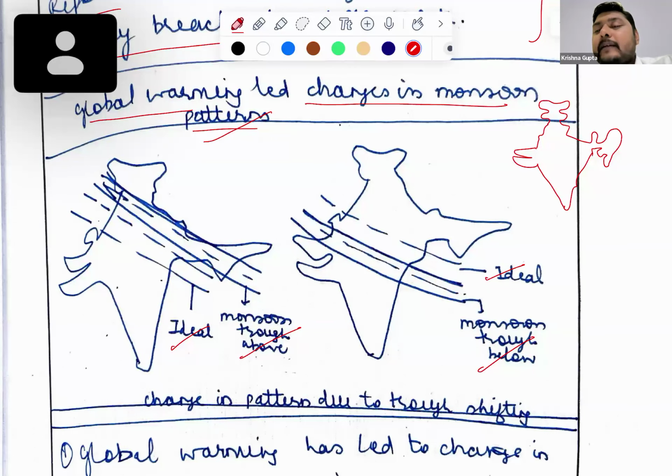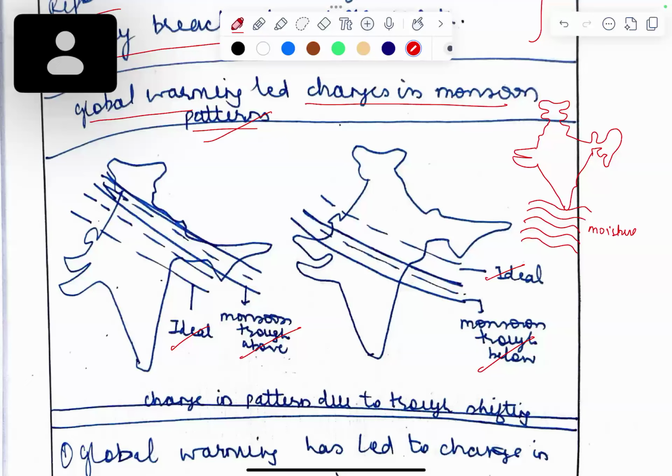You might have seen certain clouds in the air. They are moving in a pattern. These are the clouds, or we can say the air, which consists of moisture. This is the monsoon trough.